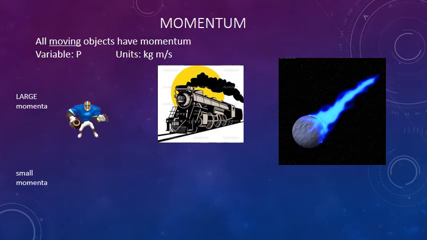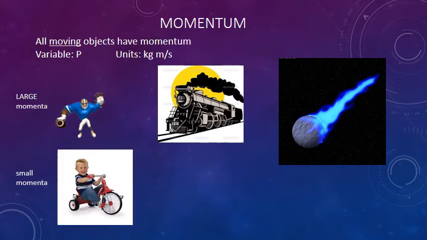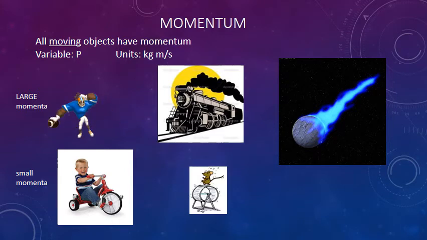On the other end of the spectrum, we've got things that still have momentum, but a very small amount of momentum. That little guy riding his tricycle, not nearly as much as the three objects in the row above. Hamster running on a wheel. That wheel would have some momentum because it's moving.